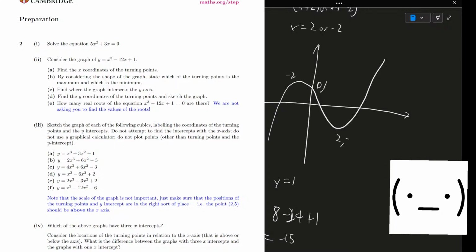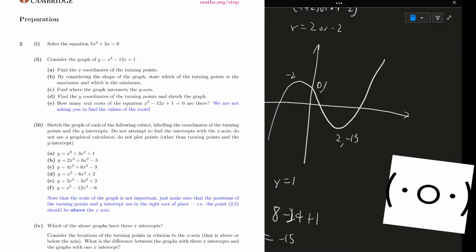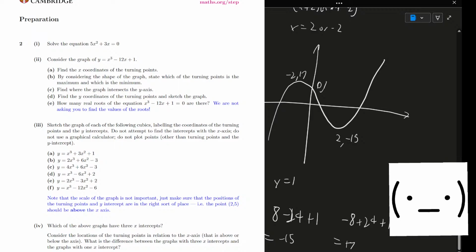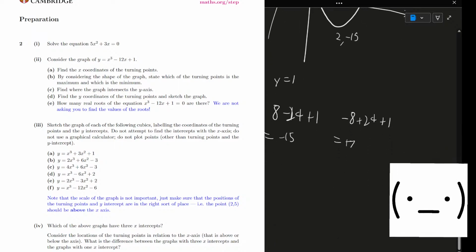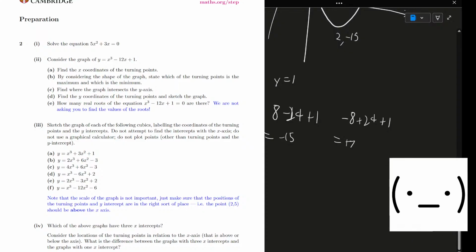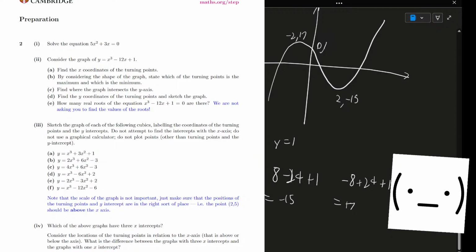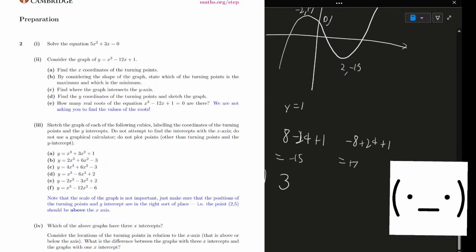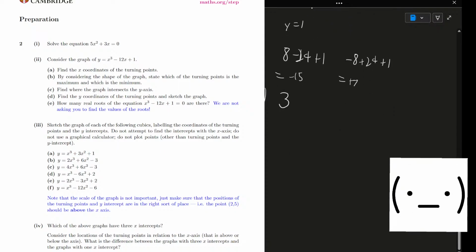Negative 15. Plug in -2. 17. How many roots? There are 3.